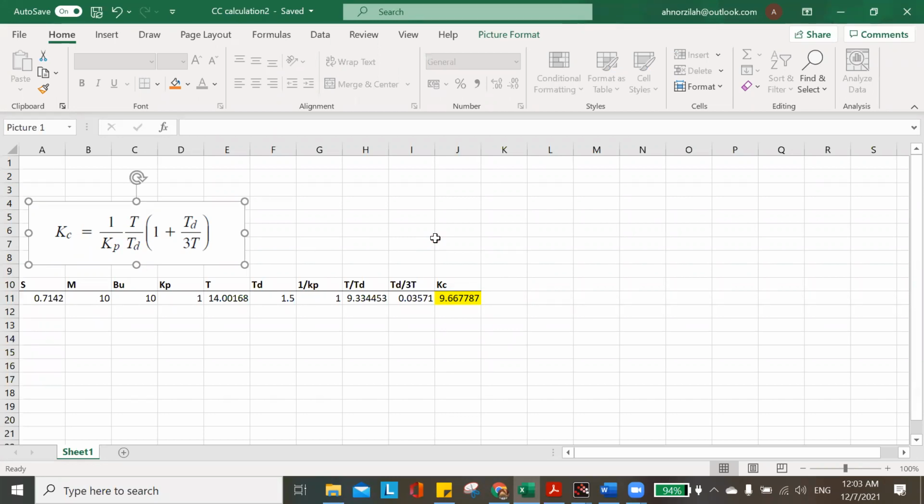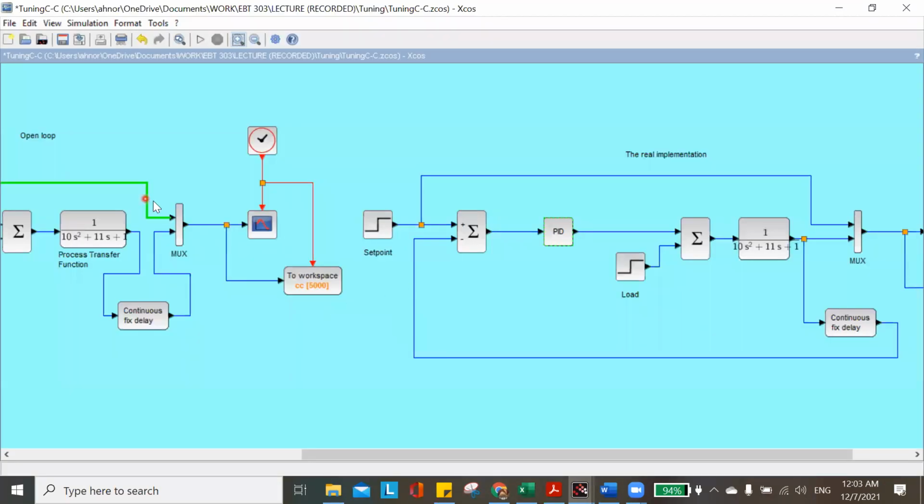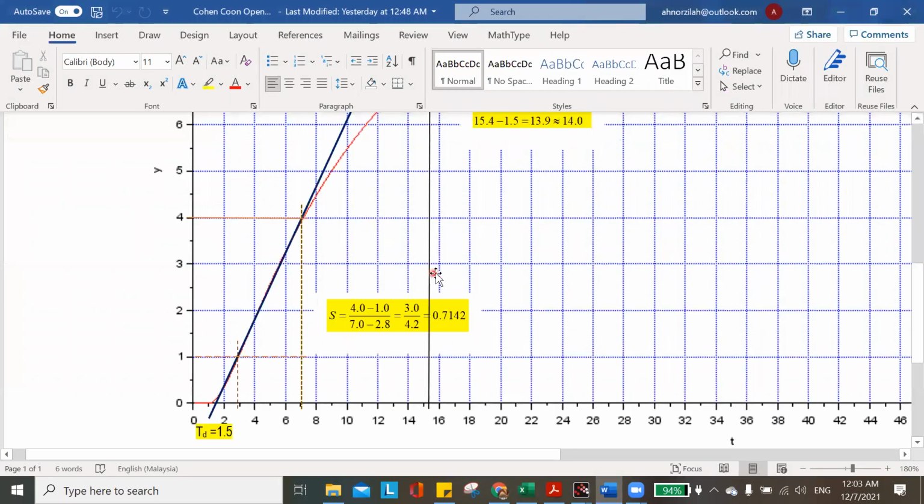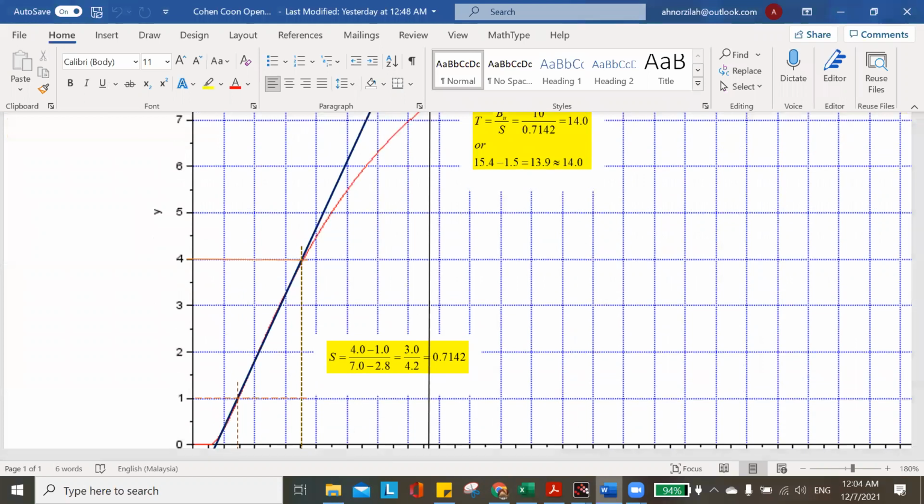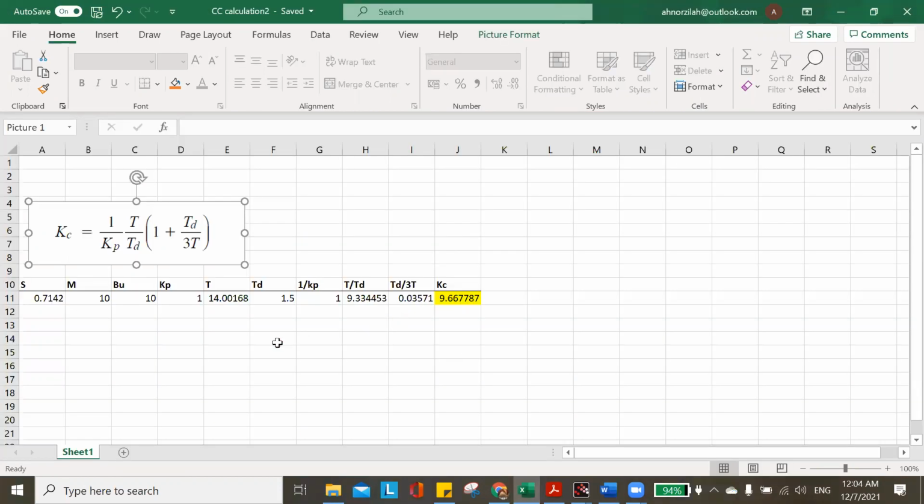You only run the open loop block diagram once, only to get the reaction curve, and the same value can be used to determine the parameters for another controller, and then you fine tune.